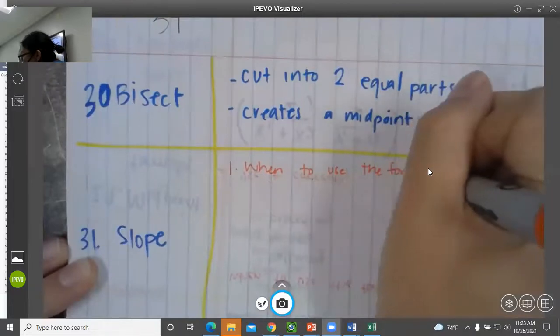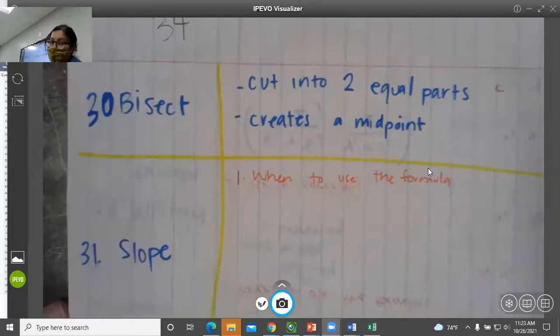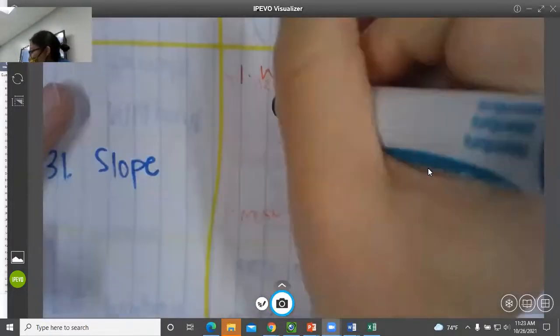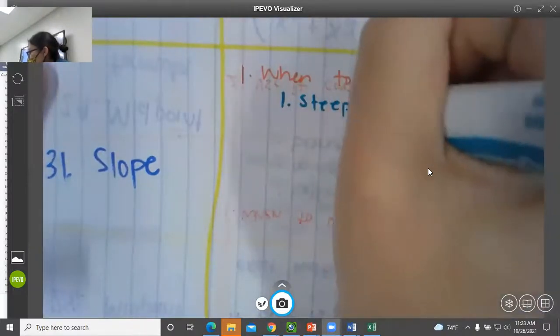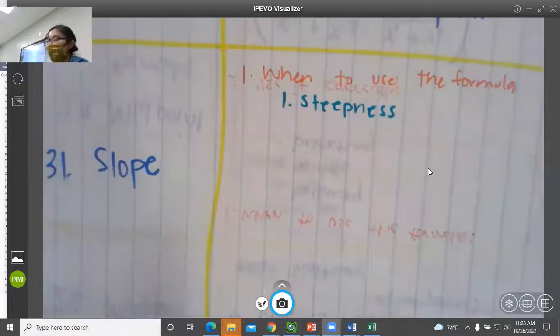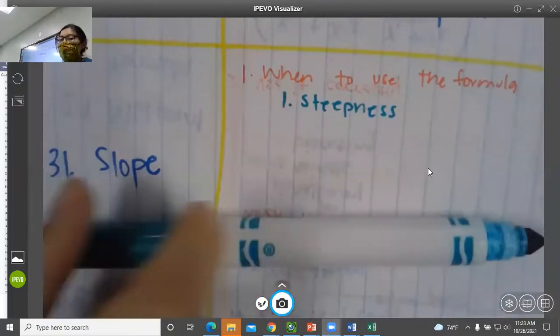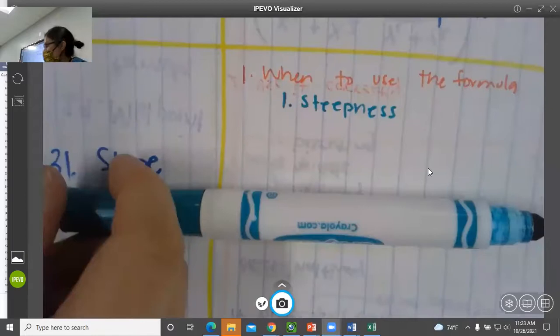In this class, we're going to need the formula twice for slope. The first time we're going to need it is when we're talking about steepness. Slope measures the steepness. Steepness is talking about a hill. If you have to walk like this where my pencil's at, that's not steep at all.